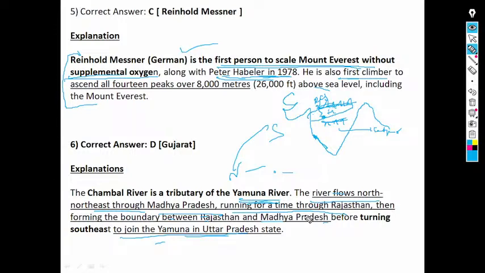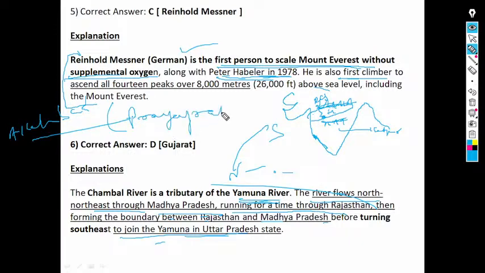Before turning to southeast to join Yamuna in Uttar Pradesh, particularly this is Allahabad, that is your Prayagraj. There we know Ganga, Yamuna and Saraswati meet, particularly.